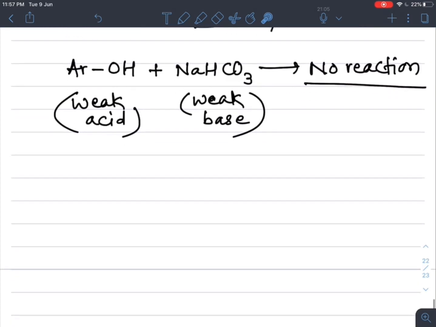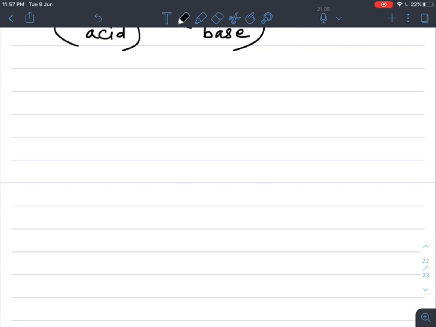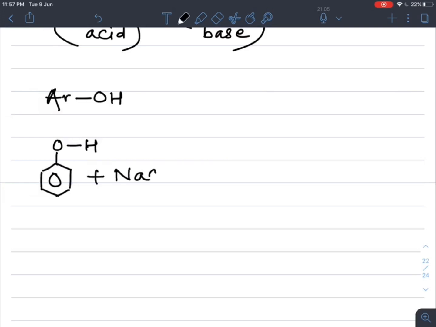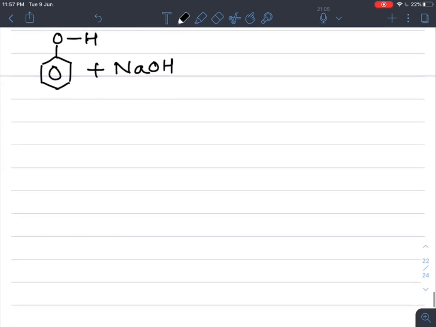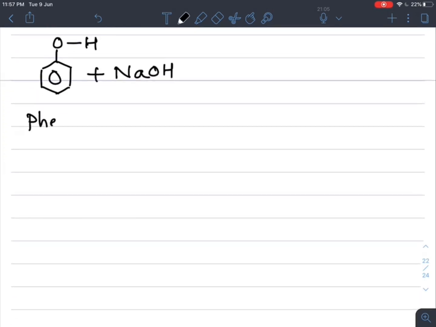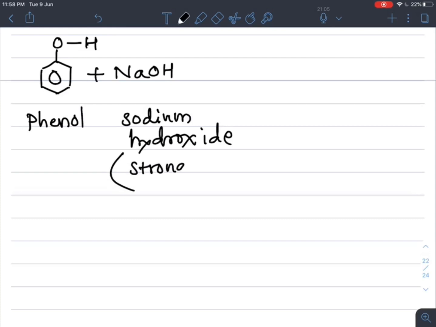But when this phenol, ArOH, the OH group attached to the benzene ring, comes in contact with a strong base, NaOH, sodium hydroxide, the reaction takes place.